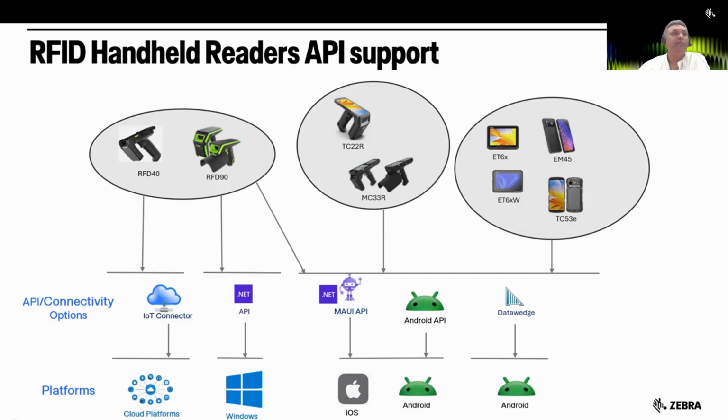We have .NET API support, Android API support, the data bridge, and also the IoT connectors. All these API supports are offered on the Windows platform, the iOS platform, and the Android platform.